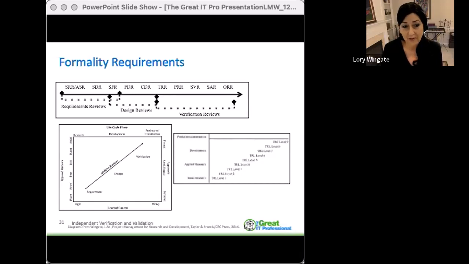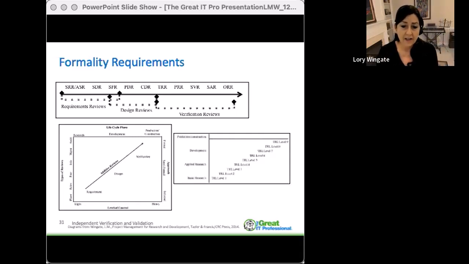A production readiness review, a PRR, is also extremely important for some customers. So know what reviews they need. Some of these will be contractually required. Some will be just things that you can do to make the customer feel comfortable and that they are being heard. Another very common set of reviews are the technical readiness reviews, often used in larger organizations where you're building major systems or system of systems.